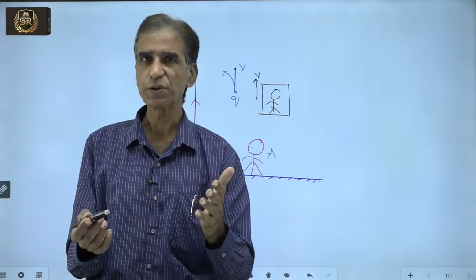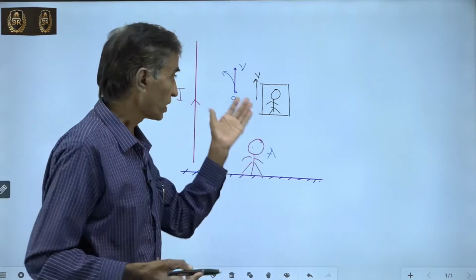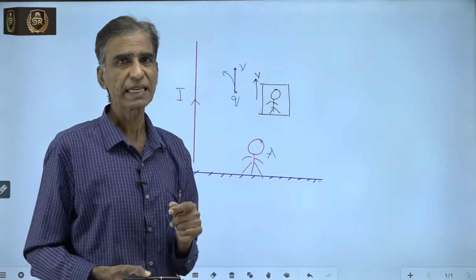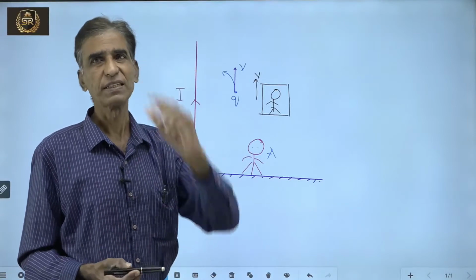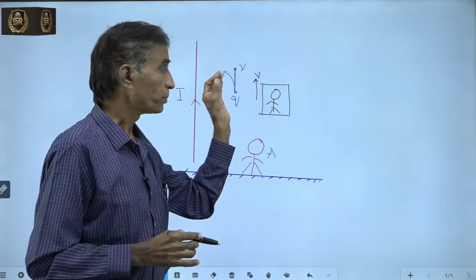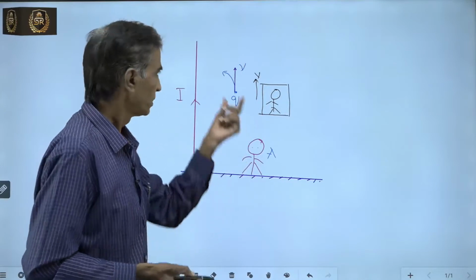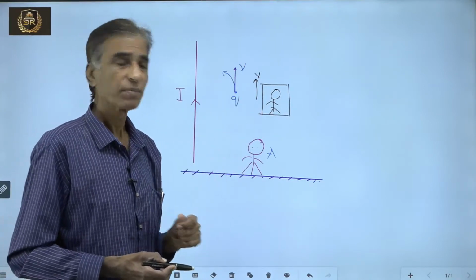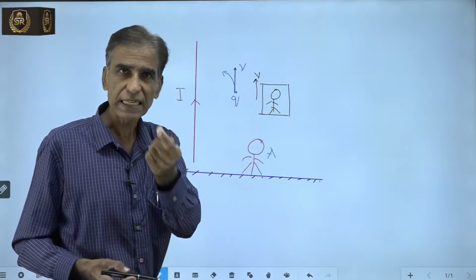When the charge is at rest, what does this observer observe? This observer cannot observe a magnetic field, but can observe only the electric field, so there will be no deflection of the charge. See, the charge is the same, but one observer is observing a magnetic field and another observer is observing an electric field.